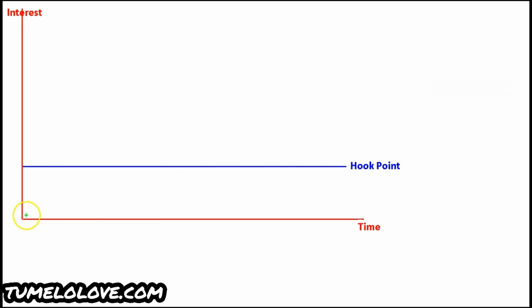And how you do that, again, you start off when you open her, no time in the interaction, zero interest, okay. You open the girl, you start gaming her, and what you're basically trying to do is spike her emotions. So you keep spiking her emotions, okay. You spike her emotions to the point where, again, you reach the hook point, okay.